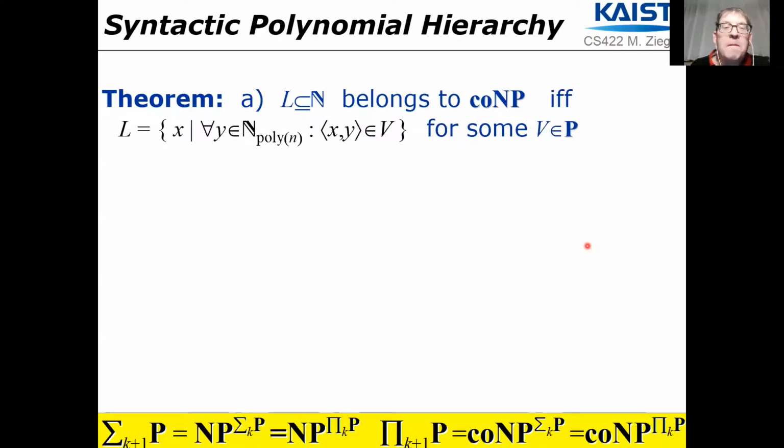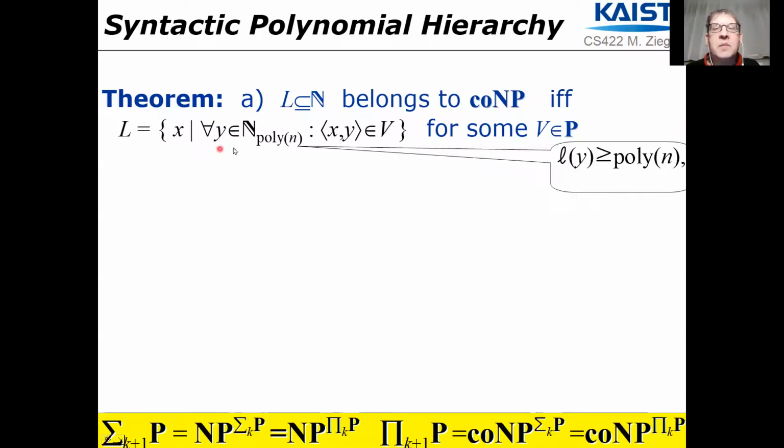And similarly, we can express co-NP with a universal quantifier. This is simply De Morgan's law, right? Co-NP means complement of NP. Complement means the existential quantifier becomes a universal one. And the verification part becomes the complement of the verification part, because the verification part is already in deterministic P. Its complement is again in P, so it doesn't make a difference complexity theoretically.